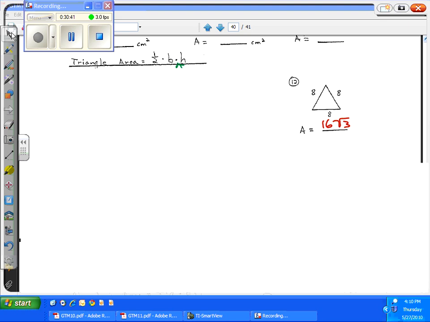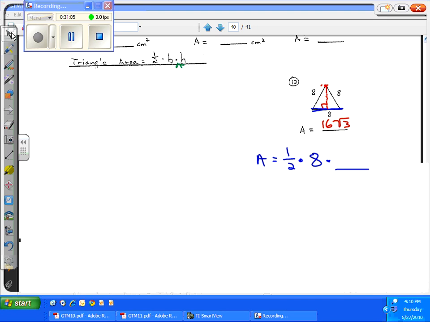Now, if you didn't know that, then we've got to do a little bit of logic. Here's how we would begin if we didn't know that. We'd say area is 1/2 times the base, which is 8, times the height, which we don't know. Well, the height is from the top straight down to the bottom, 90 degrees.